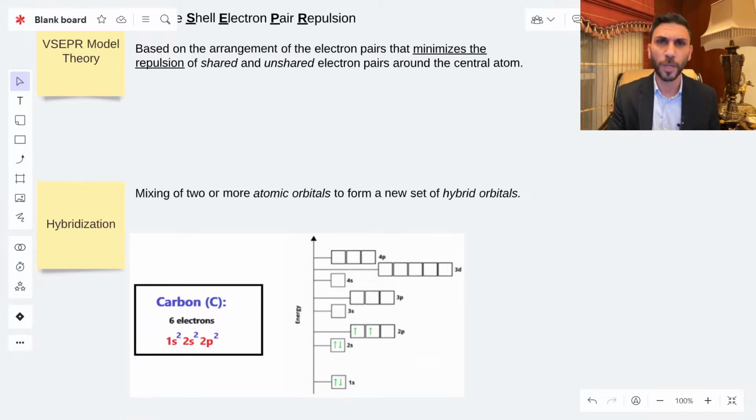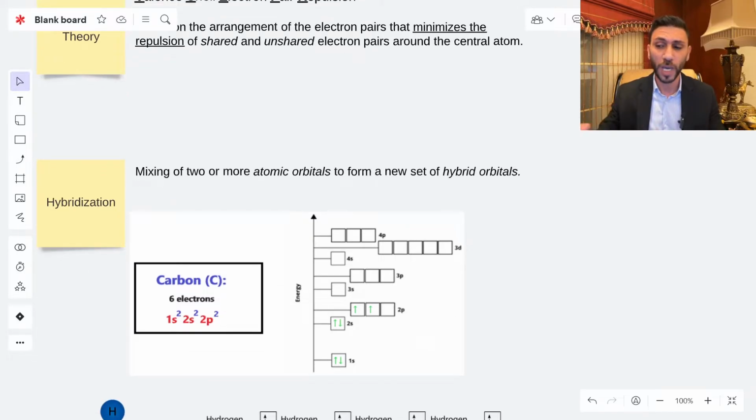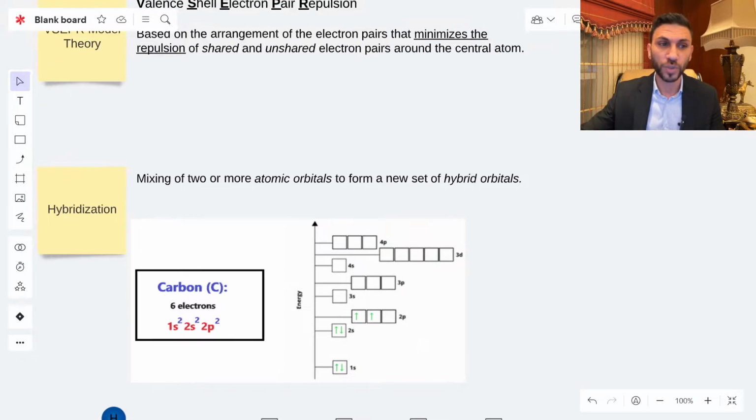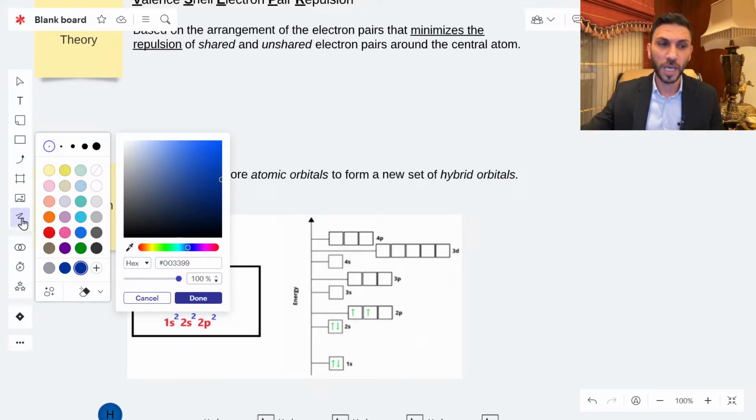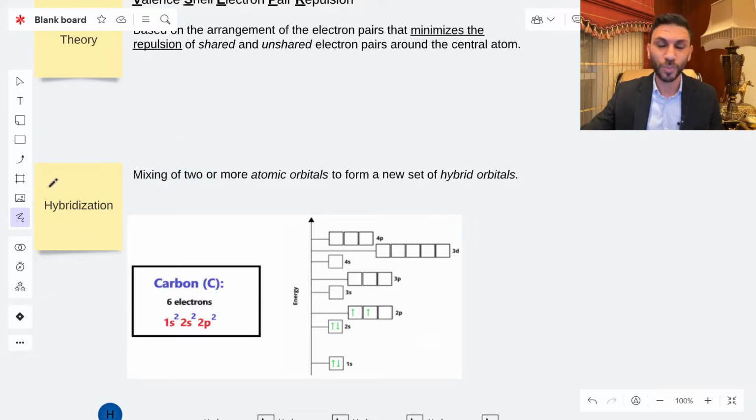Before we continue about the molecular shapes and the VSEPR model theory, we need to have an idea about the hybridization. Hybridization, we're going to study it in detail in the following videos, but to better understand the geometry and the shapes, we need to touch on hybridization.